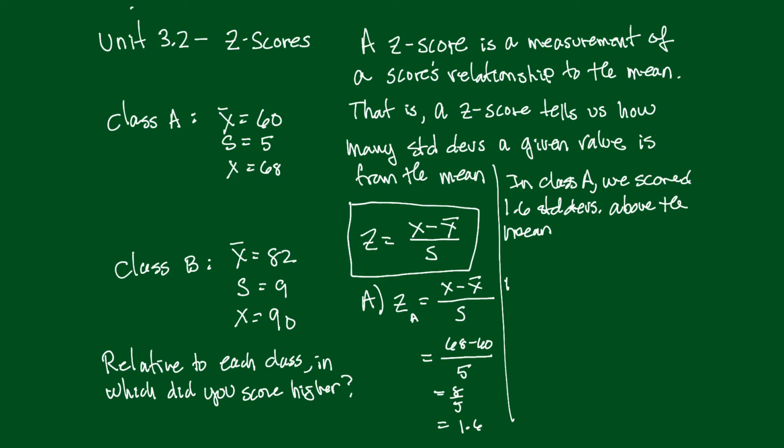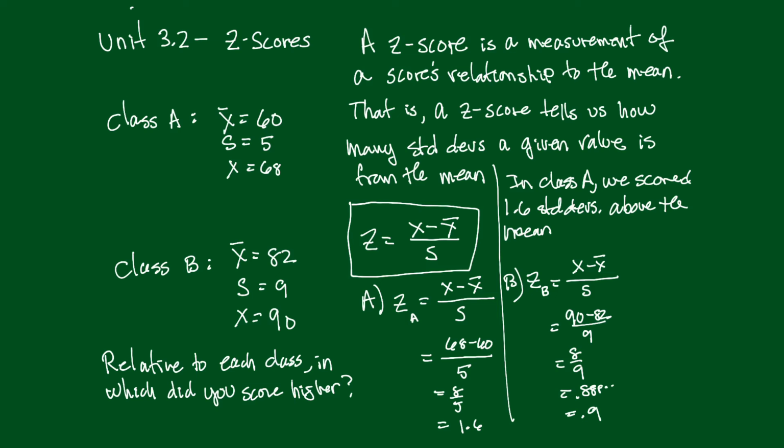Now, what about in Class B? Well, in Class B, let's call it Z sub B. We're going to have X minus X bar over S. That's going to give us 90 minus 82 over 9 in this case. That's going to be 8 over 9, which is about 0.9.